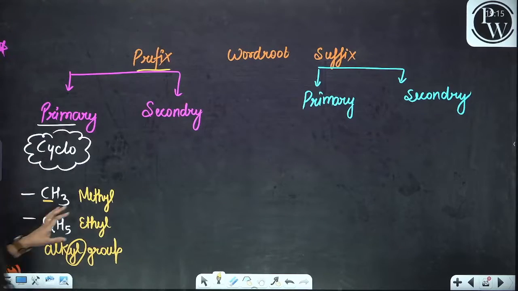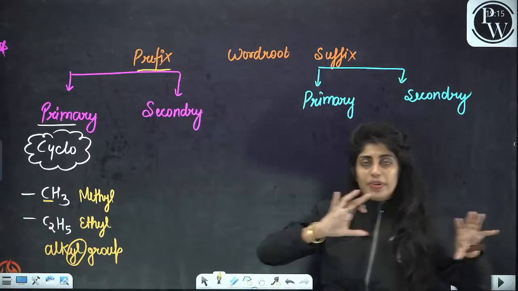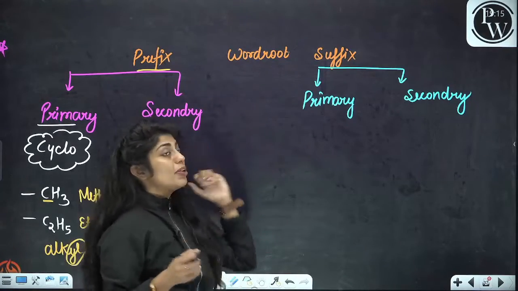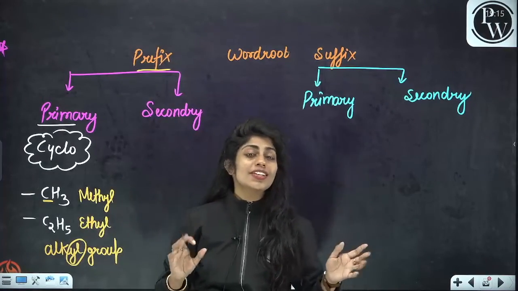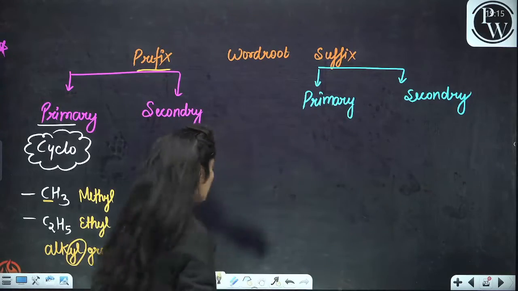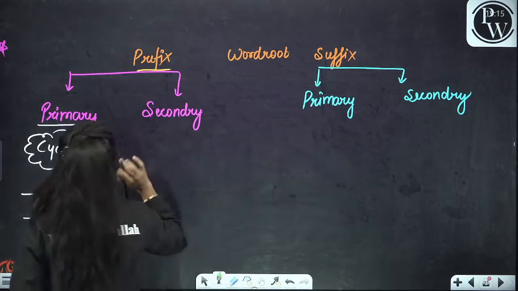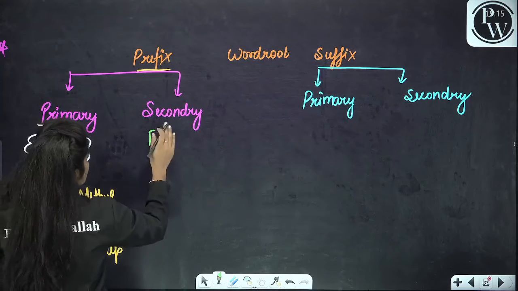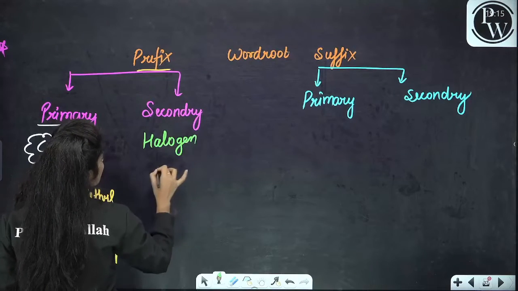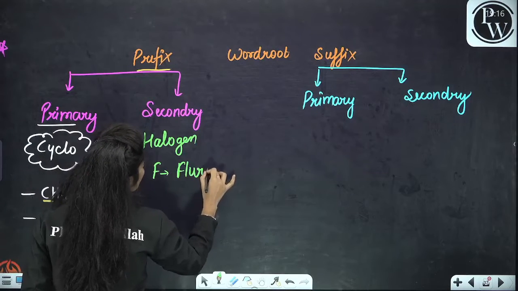We use them in the branch section. The common or parent chain will contain the number of carbons, and we will use them in the word root. In the branch section, we will use ethyl, methyl, propyl, butyl, etc. I'll give you examples, don't worry. Then the secondary prefix has halogens, such as fluorine. You are going to call it fluoro.